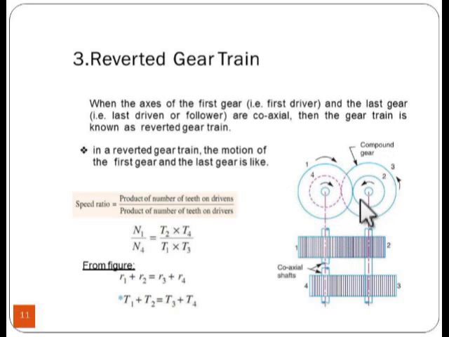So R1 plus R2 will be equal to R3 plus R4, according to geometry. Now you can relate the geometry to the number of teeth because your modules are going to be the same. If the modules are the same, your radius will be proportional to your number of teeth. So R1 can be taken as T1, R2 as T2, R3 as T3 and R4 as T4.